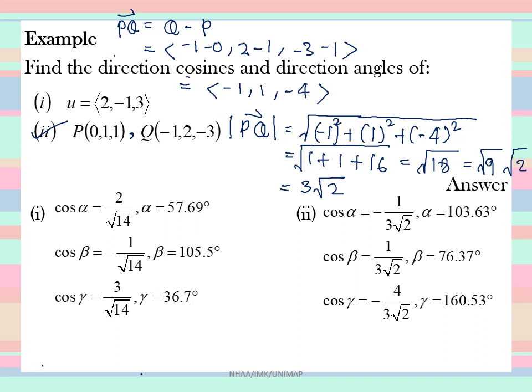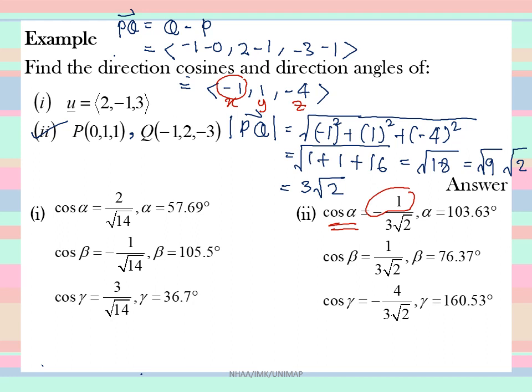Alright, and our respective components. This is your x component, this is your y component, this is your z component. So to find cos alpha, it is the component of x over the length. So component of x is minus 1, over the vector magnitude of PQ, which is 3 root 2.